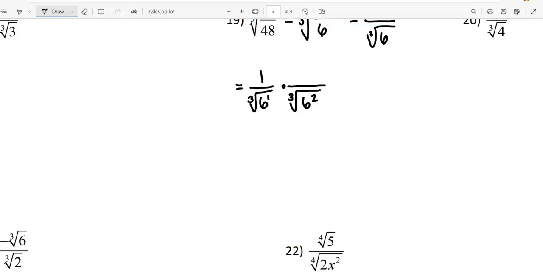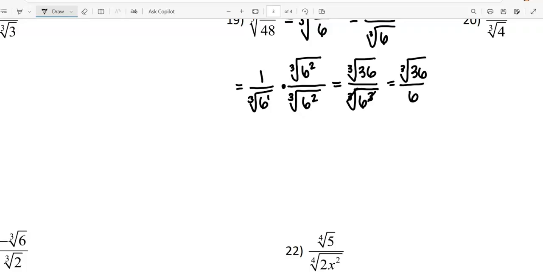So then if I multiply the top by the cube root of 6 squared, then on the top, I'm just going to have the cube root of, what's 6 squared? 36. And then on the bottom, we end up with the cube root of 6 cubed. What does the cube root and the cube do to each other? They undo each other, and so we're left with the cube root of 36 over 6.